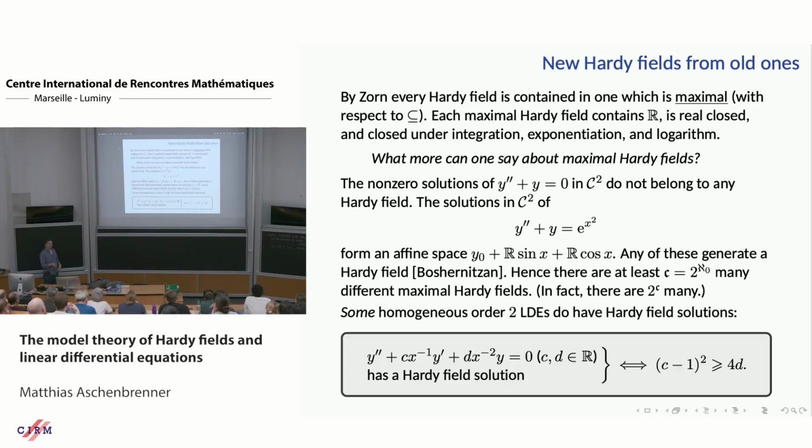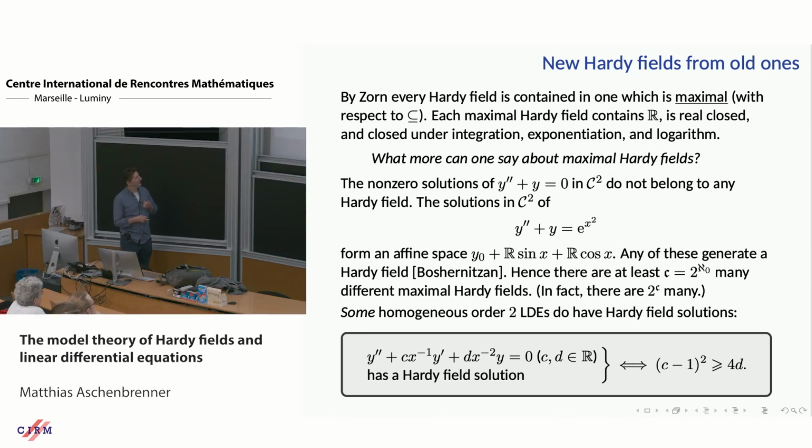On the other hand, there are some order 2 equations that do have Hardy field solutions. We mentioned the Airy equation before, but here's another one that I like. I think it's called the Cauchy-Euler equation. Here, the coefficients are actually just real numbers, multiplied with x inverse and x to the minus 2.